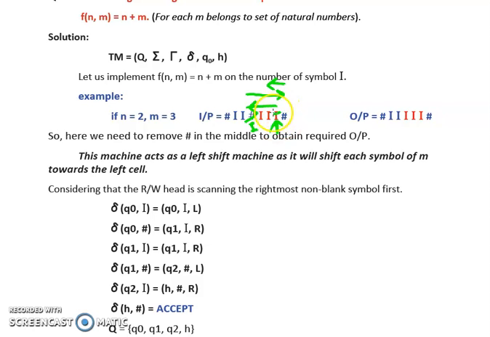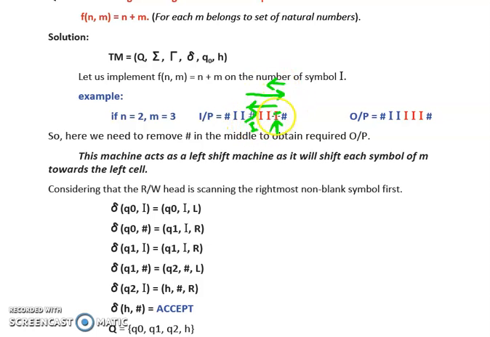So we want to remove this particular I. Once this I is removed, or replaced by hash, the required output is obtained, and we can say that we have reached the halt state and no further processing is required by our Turing machine. So that is our final output. The final output consists of 1, 2, 3, 4 and 5 I's.